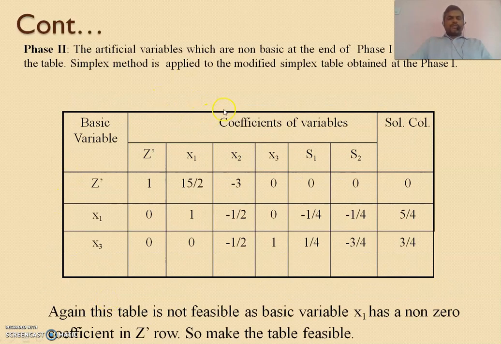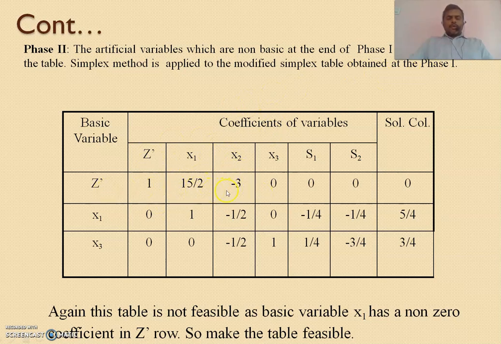This is our phase second. The artificial variables which are not basic at the end of phase first are removed from the table. Simplex method is applied to the modified simplex table obtained at the phase first. In this table, we will use simplex method procedure.